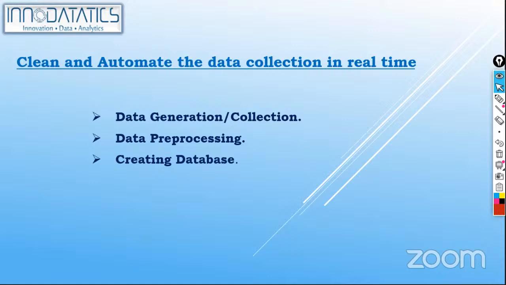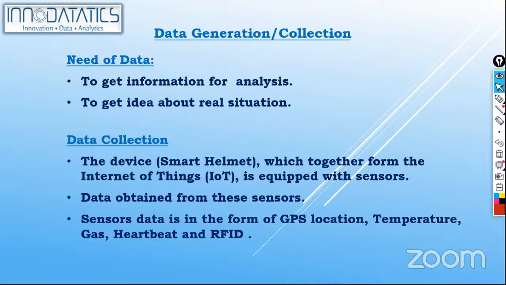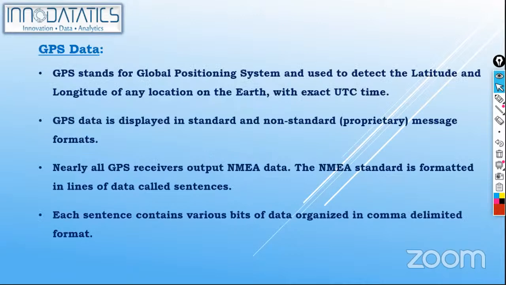So this is all about data pre-processing, how it's going to be done, like collections. Now let's understand the sensors, what kind of sensors and what kind of data they are recording. So GPS data. Everyone knows GPS is the Global Positioning System, and it records data based on latitude and longitude, with the exact UTC time, right?